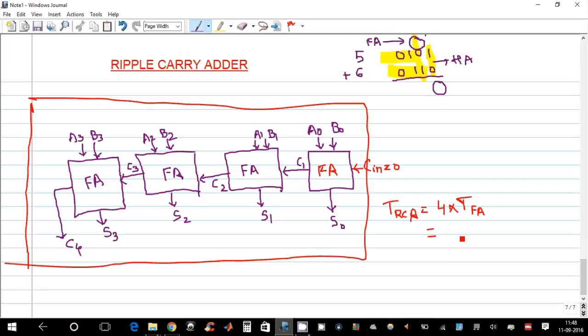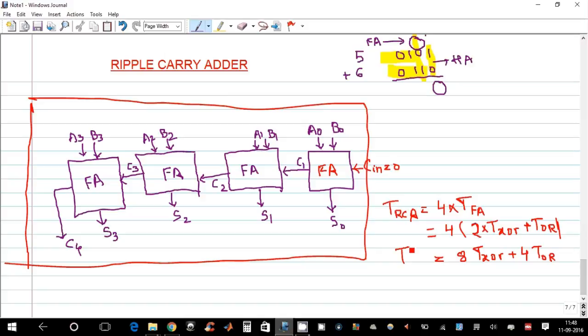So that we are now noting here, that is equal to 4 times twice the XOR gate delay plus 1 OR gate delay. That is equal to 4 into 2, that is 8 times the XOR gate delay plus 4 times the OR gate delay.